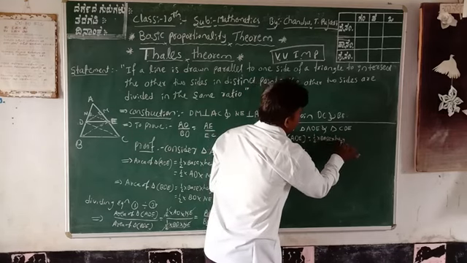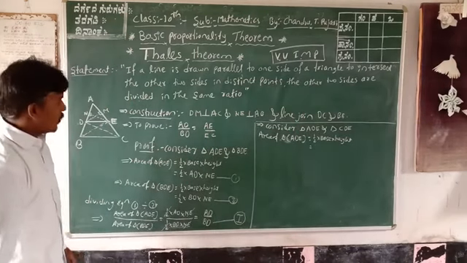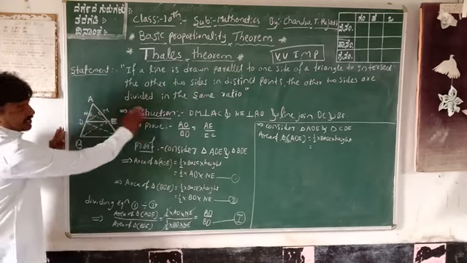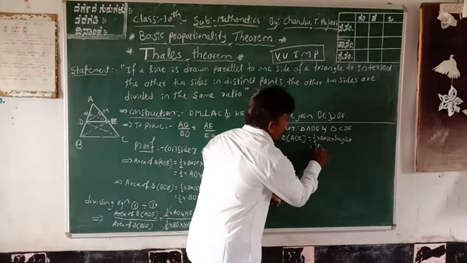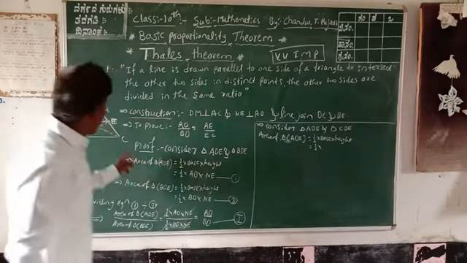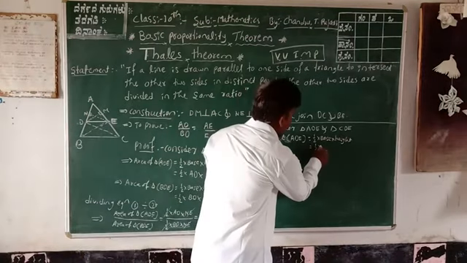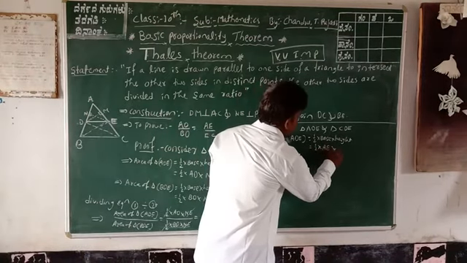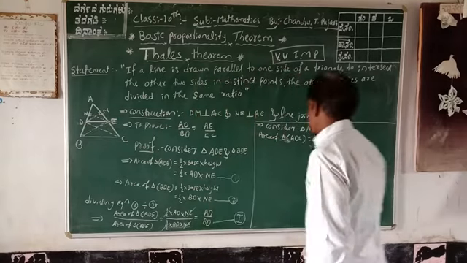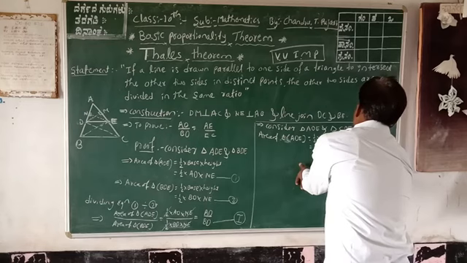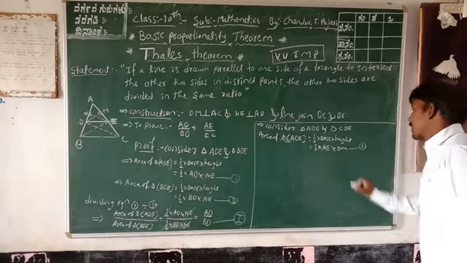In this triangle, DM is the perpendicular, so the height is DM. The base is AE. Therefore, 1 by 2 into AE into DM. This is equation 3.